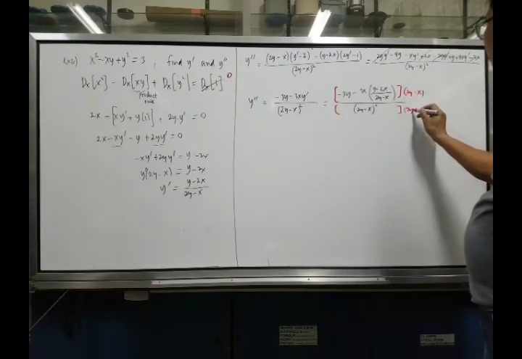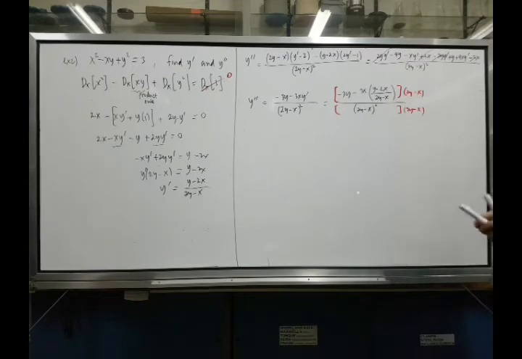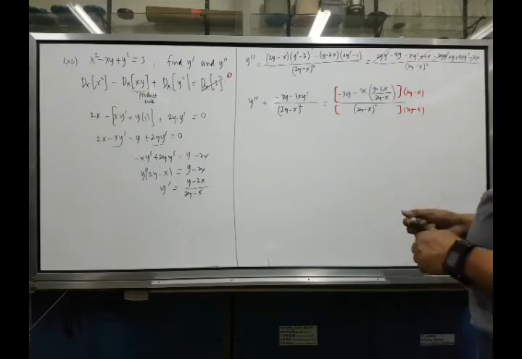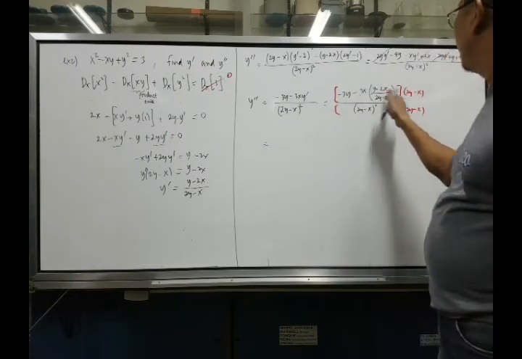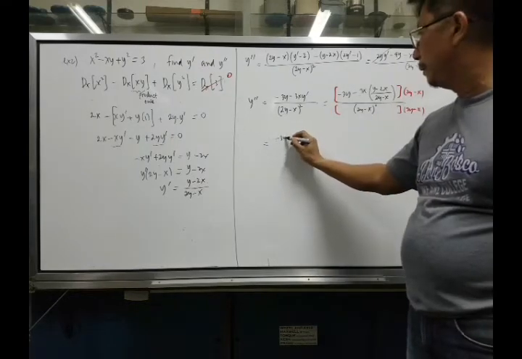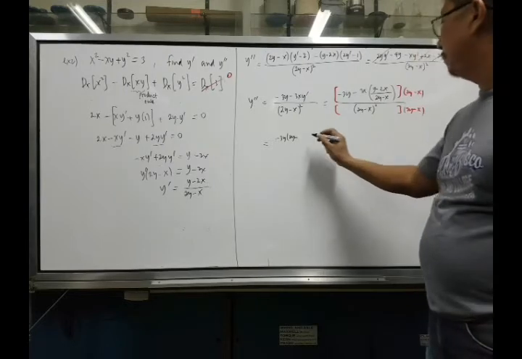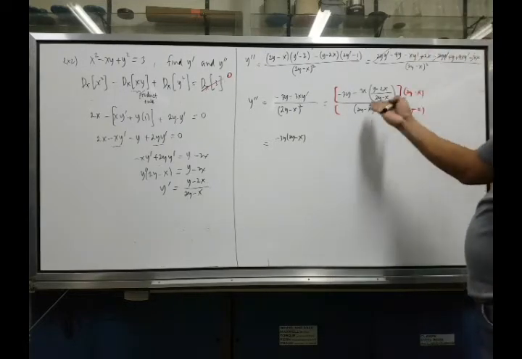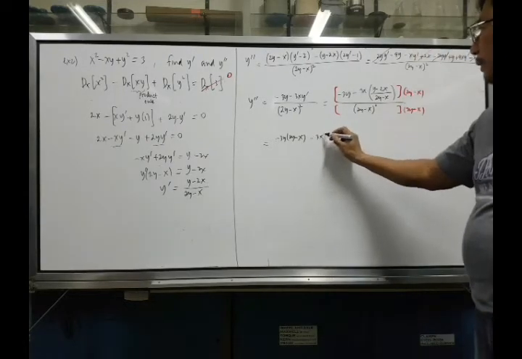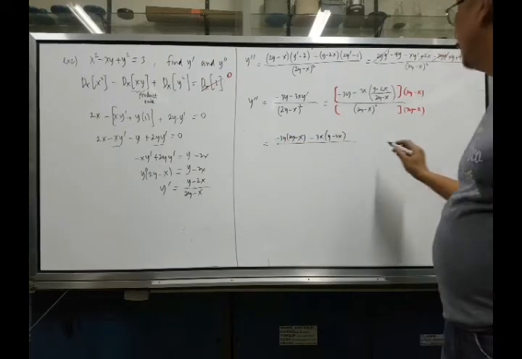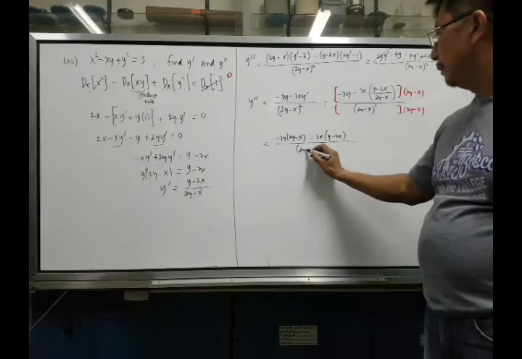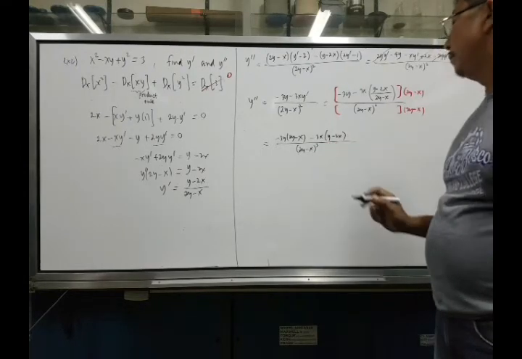So we have to multiply both numerator and denominator by 2y minus x to get rid of that. So here we distribute it there. So negative 3y times (2y minus x) — this will simply cancel out. So it's negative 3x times (y minus 2x), then divided by 2y minus x.